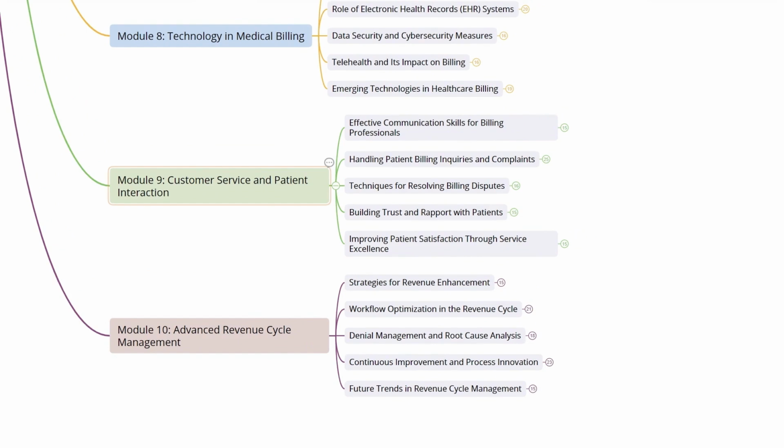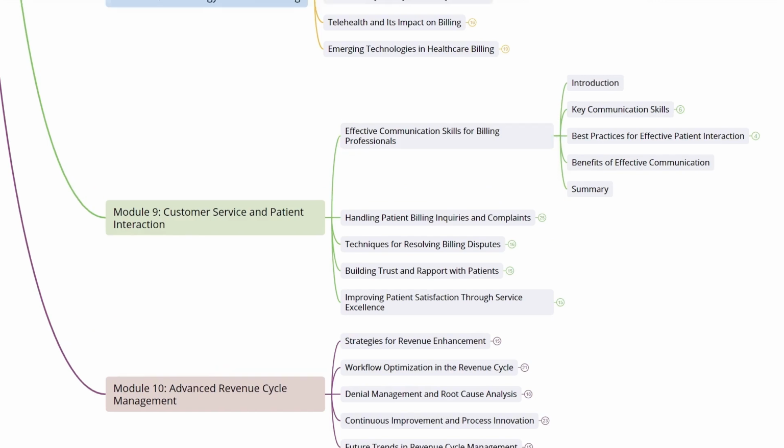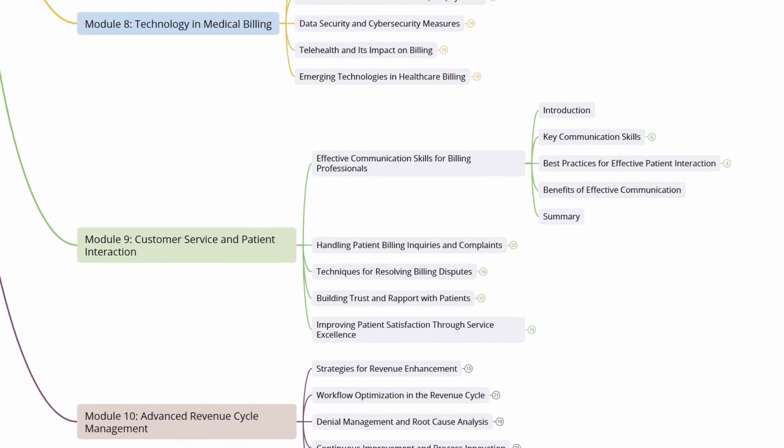In this customer-centric era of healthcare, your ability to communicate effectively with patients can significantly influence their experience and perceptions of your organization. Firstly, effective communication skills for billing professionals.